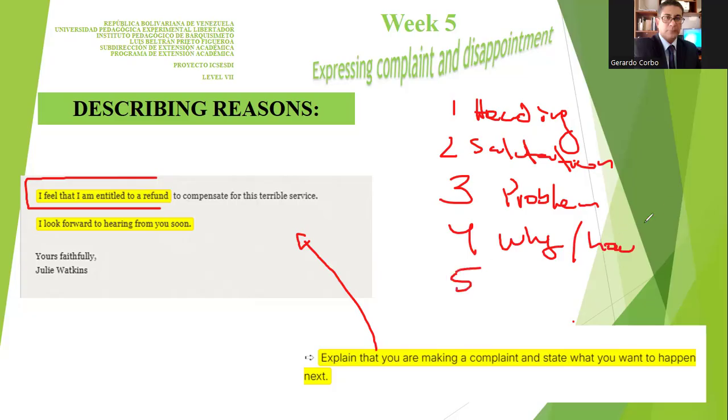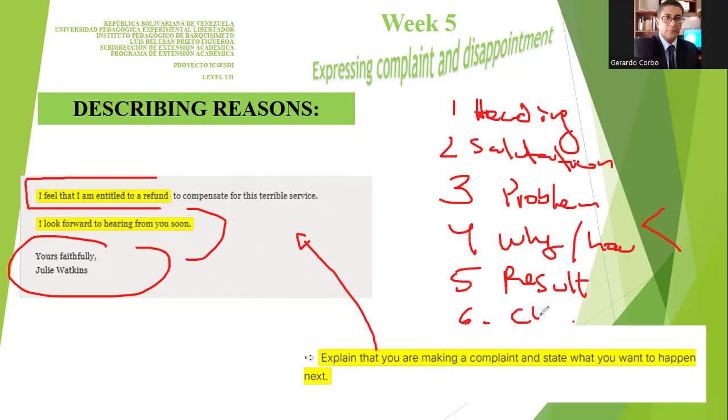Remember that in here, you can include emotions, you can use passive voice or reported speech to indicate what was happening, and the result, how you expect to find the solution for this. Obviously, as all letters, you close, okay? You're closing at the end and your salutation at the end, okay? So these are the essential things we're going to check in our letter.